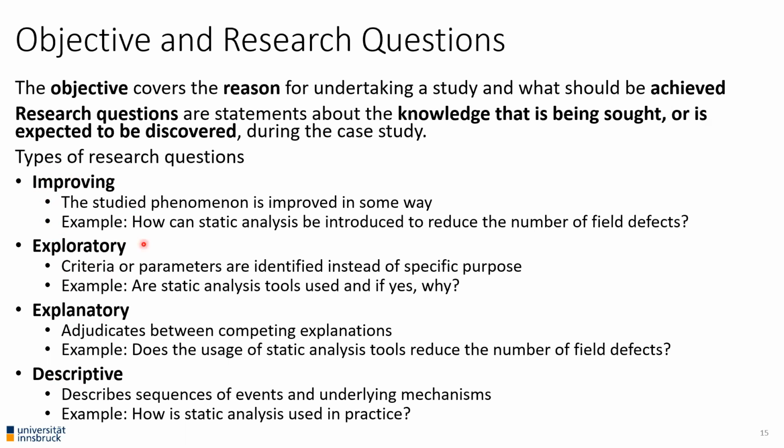The first two dominate normally in case studies. Let's look into an example for an improving oriented research question. It could, for instance, be: how can static analysis be introduced to reduce the number of field defects? So you want to improve an existing process by introducing static analysis, and you want to investigate the effect on the number of defects that are then found in the field.